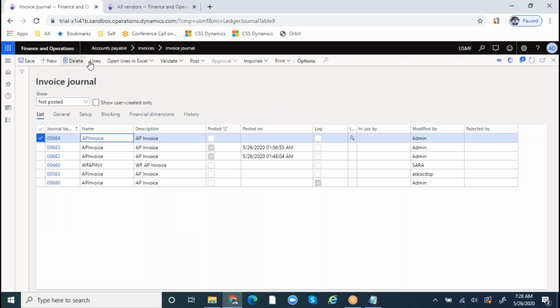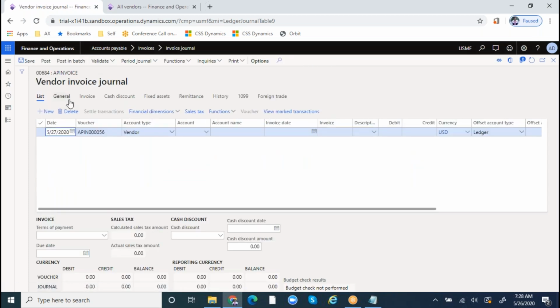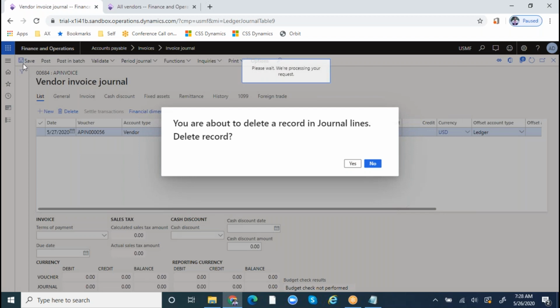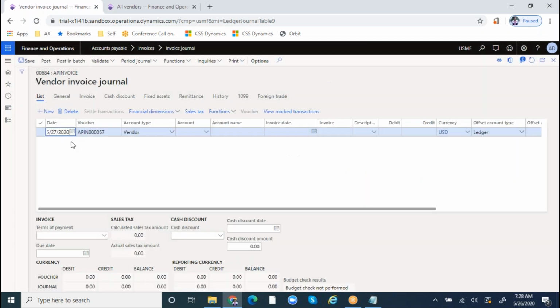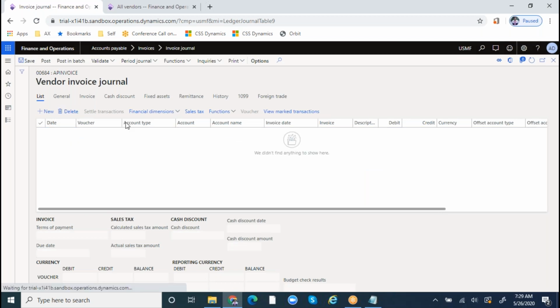Now whenever I am clicking on new, suppose I go to lines. I'm deleting this one. If I click new by default, it is always showing today's date. Okay, so it is already entered. Let me delete this one.